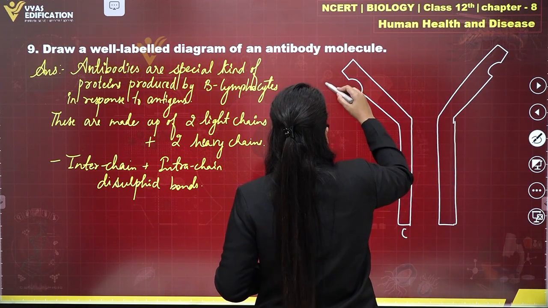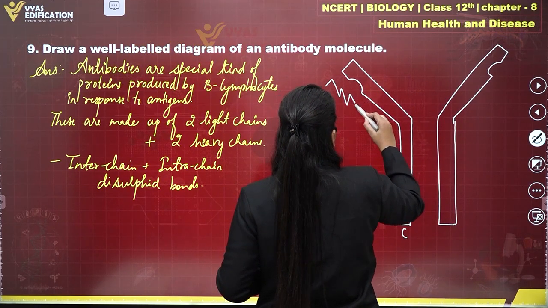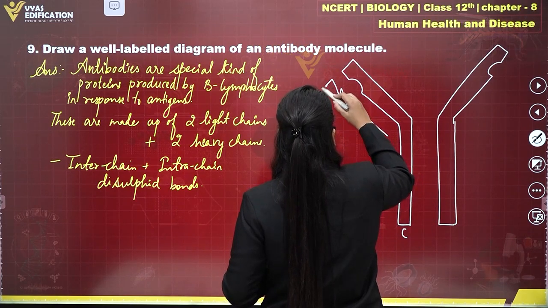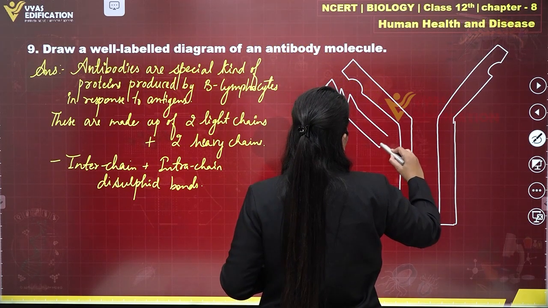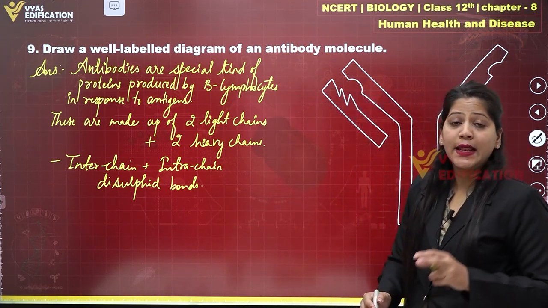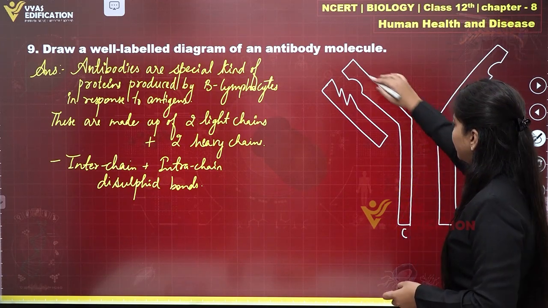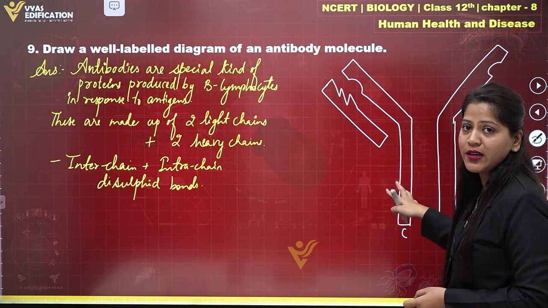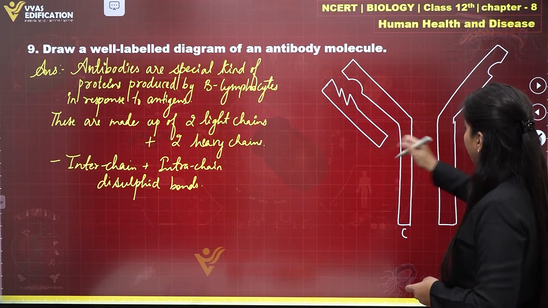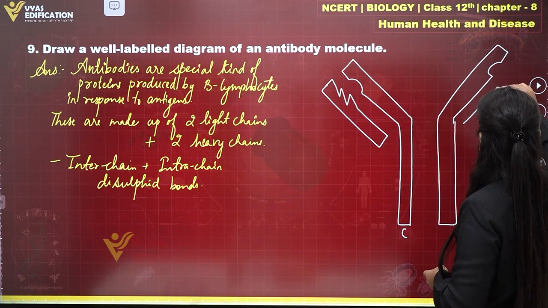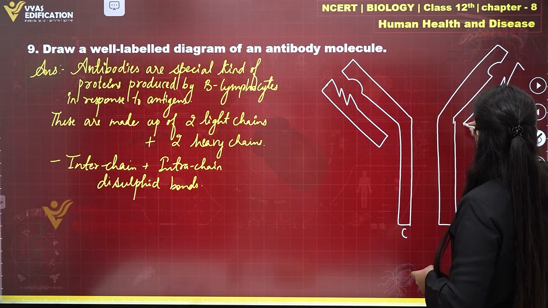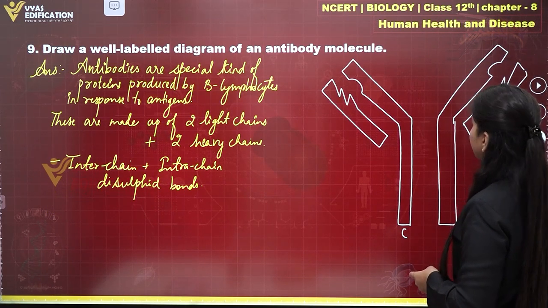The second chain is like this. This is your light chain. As we know, an antibody molecule is made up of 2 light chains and 2 heavy chains. So this is 1 and this is 2 heavy chains, and 2 light chains. This is 1 light chain and the next light chain I am making here. This is your next light chain.